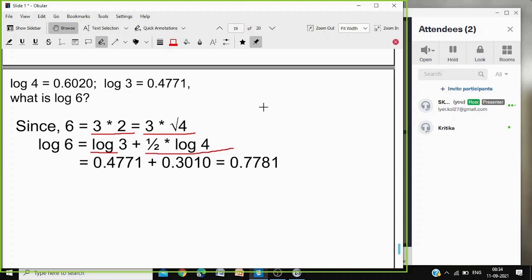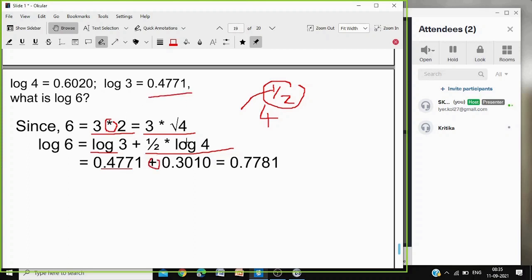Square root of 4 means power 1 by 2. The power is 1 by 2 for square root. So when you take the log, it becomes half into log 4. The power becomes multiplication. So log 3 is so much, and multiplication becomes plus half of log 4.